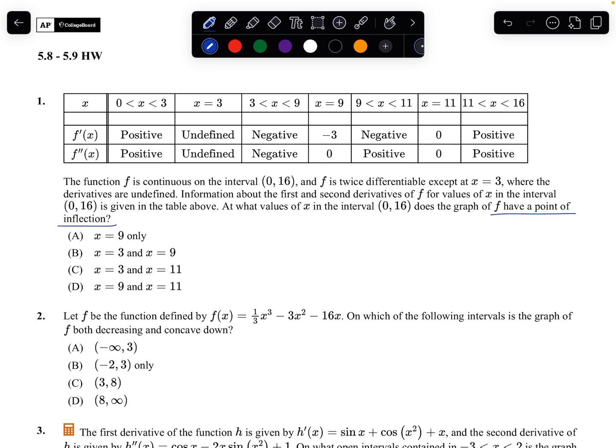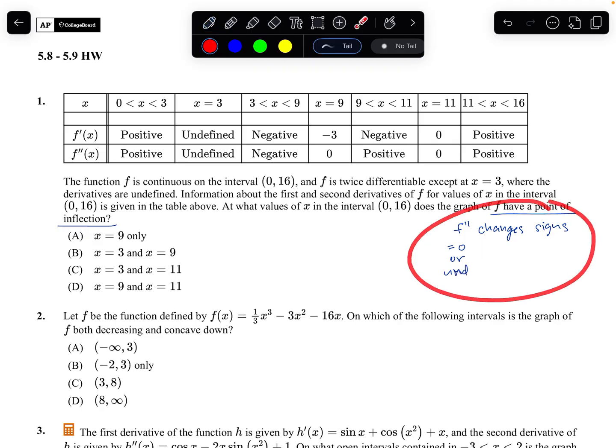So when does f have an inflection point? Well, what is an inflection point? An inflection point is when f double prime changes signs. And where does that occur? It's kind of like when f double prime equals 0 or undefined. And then if it changes signs around that, then there's an inflection point.